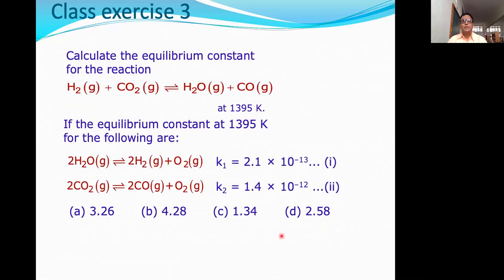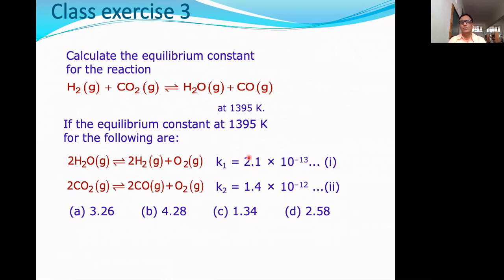Now see exercise 3, third example. The example is given as: calculate the equilibrium constant for the reaction H2 gaseous plus CO2 gaseous gives H2O gaseous plus CO gaseous at 1395 Kelvin, if the equilibrium constant at this temperature for the following are given as: twice H2O gaseous gives twice H2 gaseous plus O2 gaseous, the value of K1 is given as 2.1 into 10 raised to minus 13.